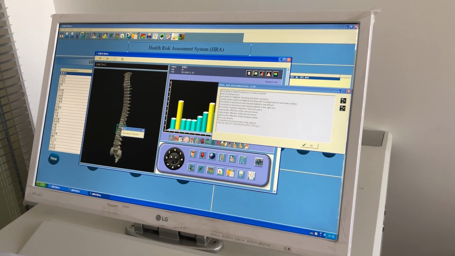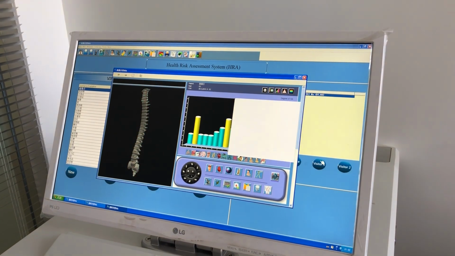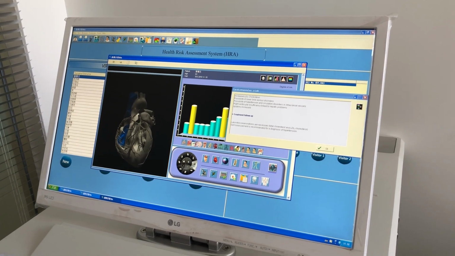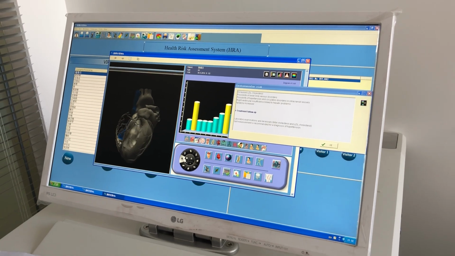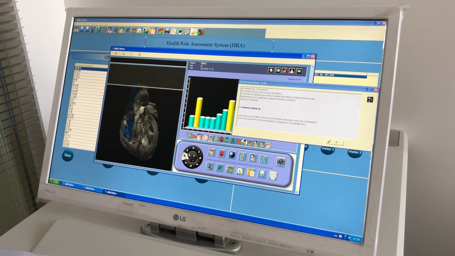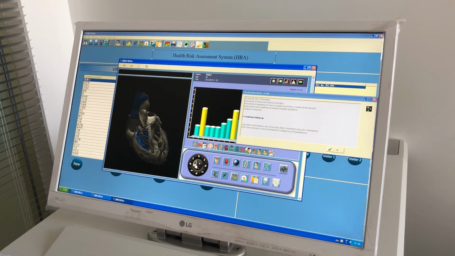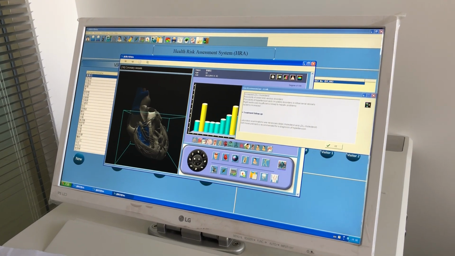bone function. Now come to your cardiovascular system. Most of the myocardial function is fine, pale and transparent.